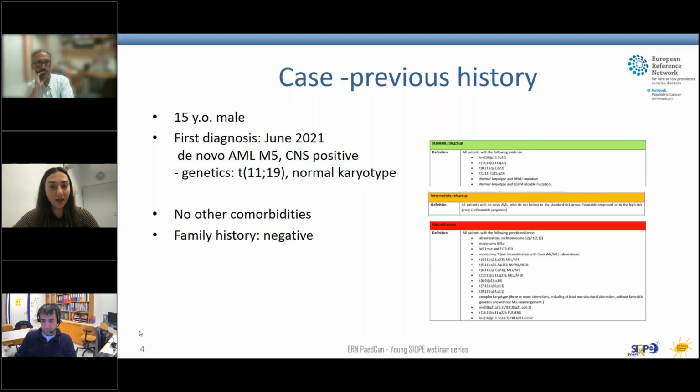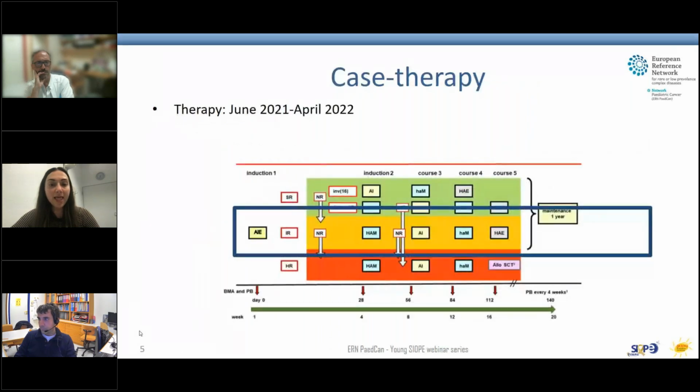And then we go to the next slide, and we can see that he received an intermediate risk therapy from June 2021 to April 2022. And as he was CNS positive, then he had also a cranial irradiation from December to January 2022.